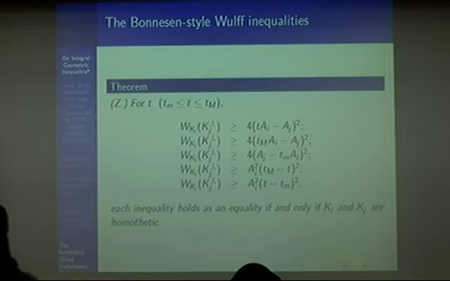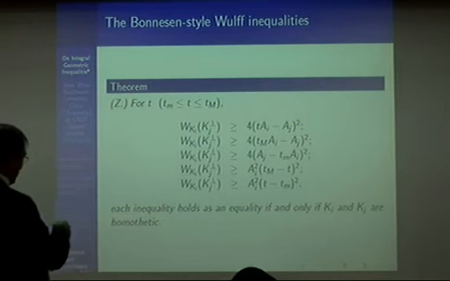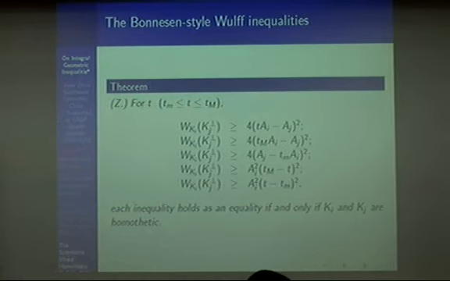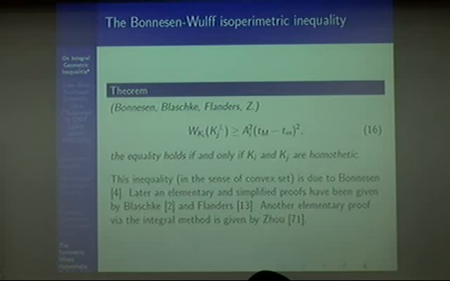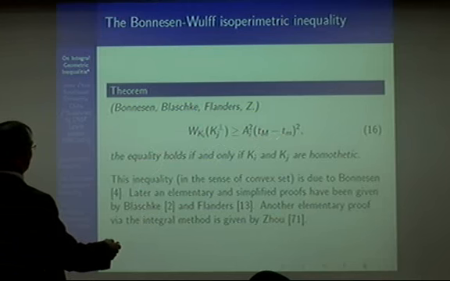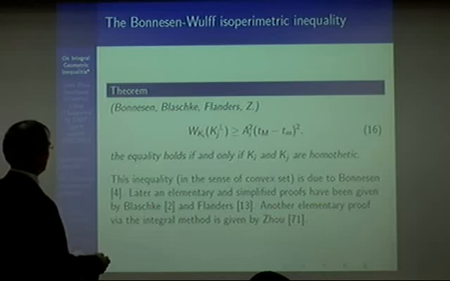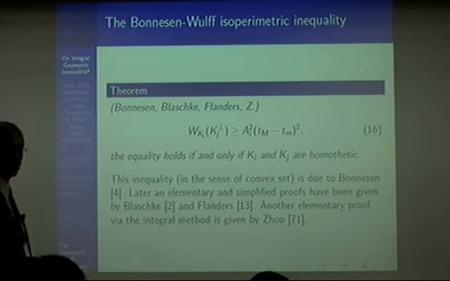Therefore, we also have this. Okay, so those are the flow work, and also the special case one. Okay, this Tm, capital M, Tm. Those are Bonnesen, Blaschke, Flanders, and the equality holds if and only if Ki and Kj are homothetic.